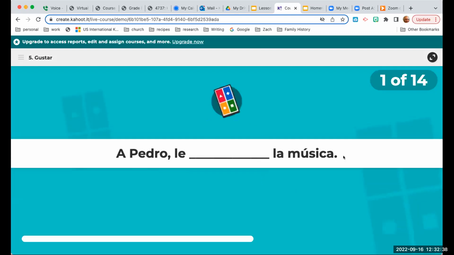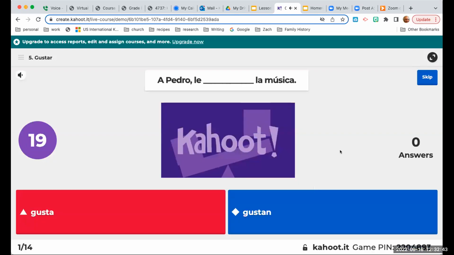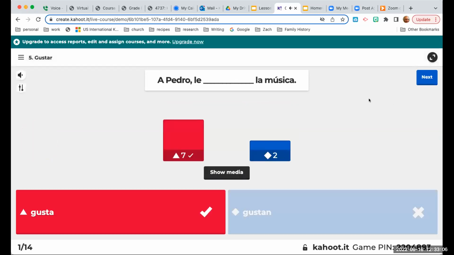A Pedro le blank la música. Do we use gusta or gustan? And it should be gusta. Me gusta la música, because música is a singular word.